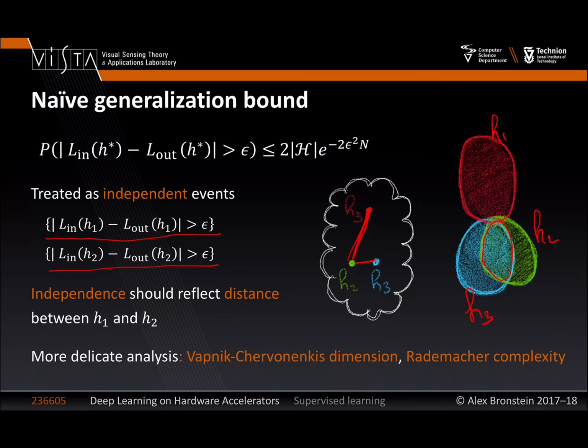The problem is that, at least as the state of affairs stands as of today, none of these tools was found useful in the case of deep neural networks. Okay, so basically, all the bounds that you can get with tools like VC dimension or the Rademacher complexity or other tools are too loose to be useful. That's why I don't even bother to define what VC dimension is.